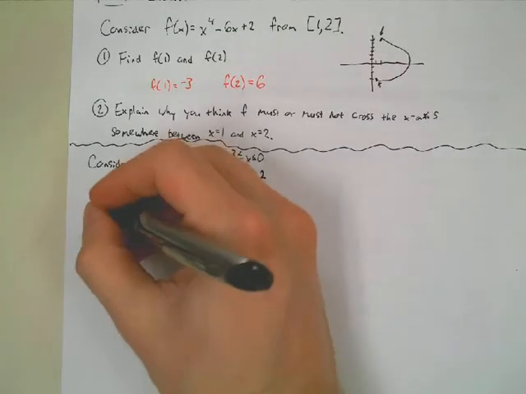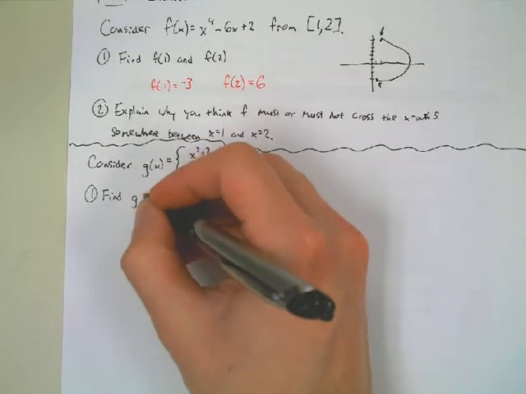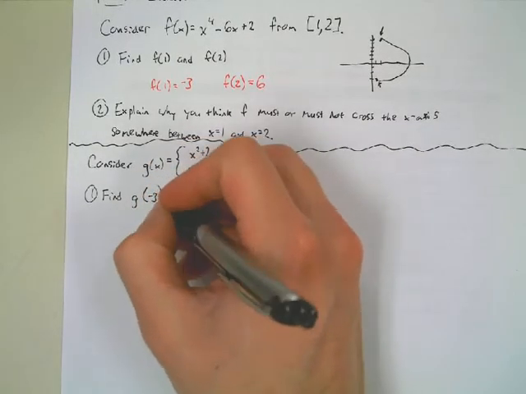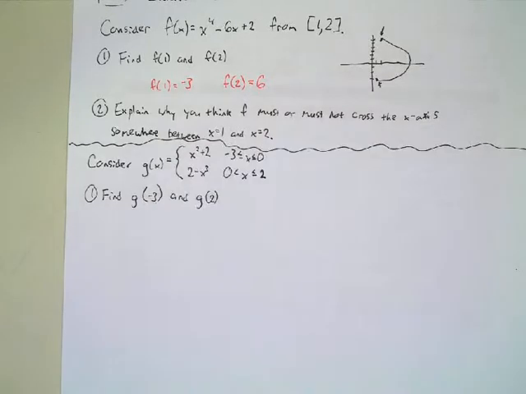Okay. So I want you to find g of negative 3 and g of 2. Go ahead and take 2 seconds. Find g of negative 3 and g of 2.